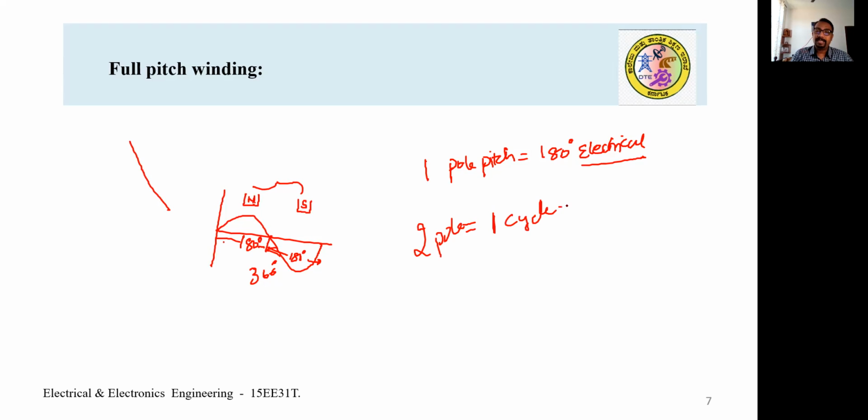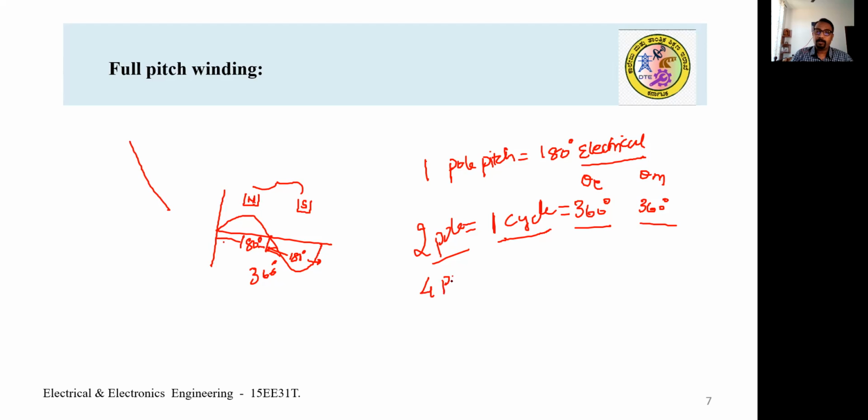One cycle of EMF means 360 degree. That means electrically 360 degree and mechanically it is also 360 degree. That means if it is a two-pole machine, in one rotation of the armature coil, we get one cycle of EMF induced. Then electrically it is 360 degree, mechanically it is also 360 degree.